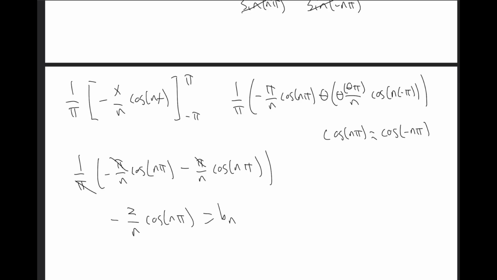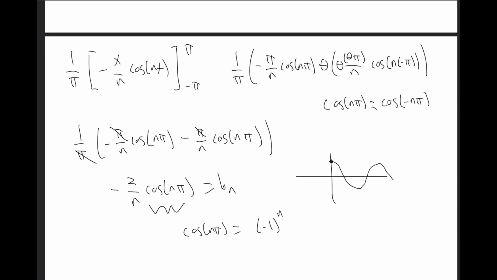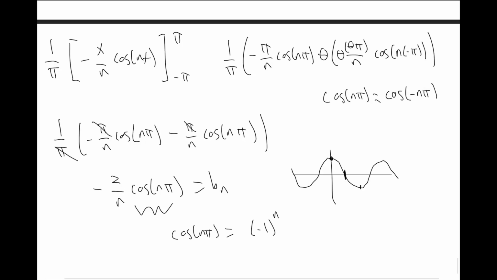Let's go ahead and represent this in a better way. Cosine of n pi is going to be equal to negative 1 raised to the n. If we look at cosine real quick, cosine starts at 1 and does stuff like this, right? So this is 0, this is pi, here's 2 pi, etc. If n is equal to 1, we have cosine of pi, and that's negative 1.